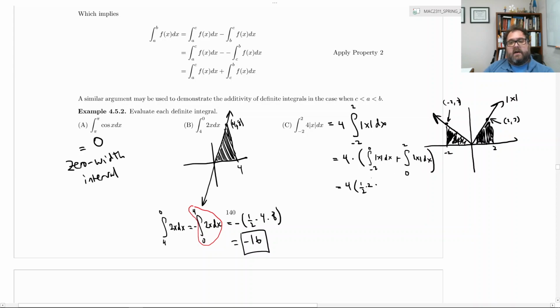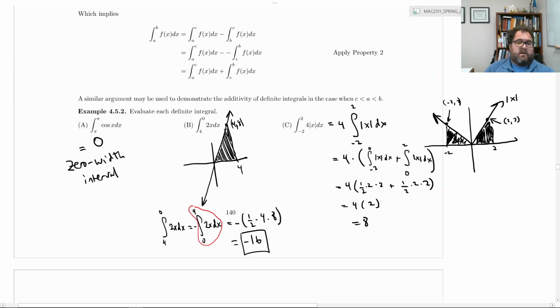So you have 1/2 times the base 2 times the height 2 plus an identical triangle, 1/2 times the base 2 times the height 2, which is what? 4, and 1/2 times 4 is what? 2 for each of those areas. But you have 2 plus 2 because there's 2 of them, and so you get 8.